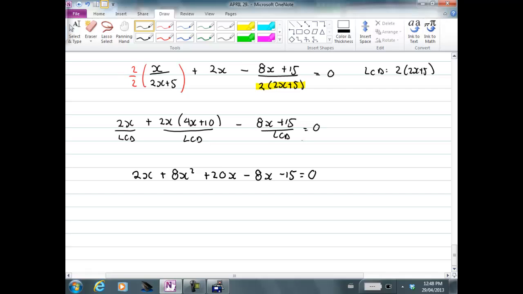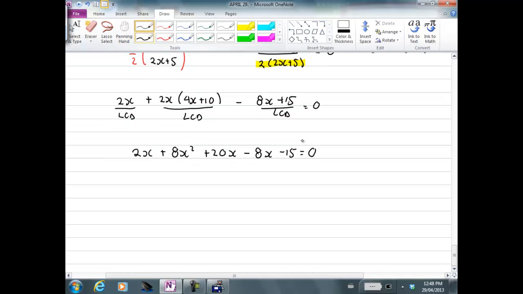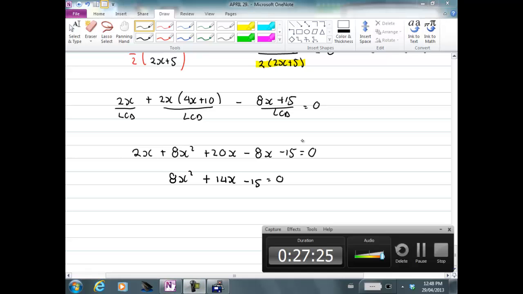So I got up to here. Now I actually have to solve it. So that becomes 8x squared plus 22 minus 8, that's 14x, and this is minus 15. I think that's what everyone has so far. Equals to 0. I'm going to pause it here.